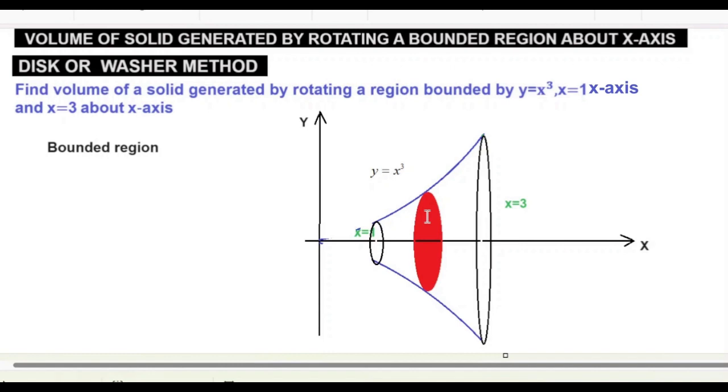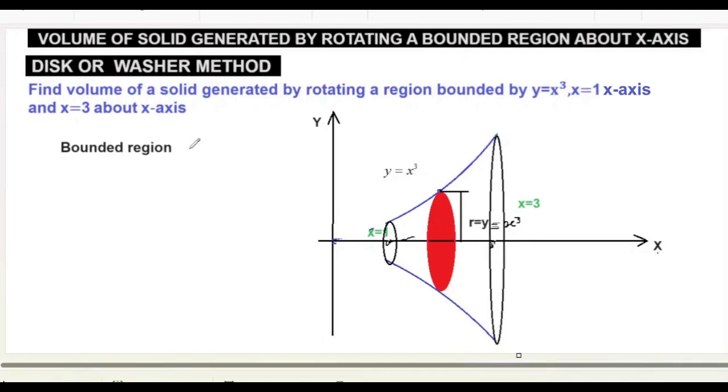We need to find the area of this cross-sectional disk. So first we need the radius of this disk. This portion represents the radius of the disk, and as this is the distance of the curve from the x-axis, we can say the radius of the disk will be equal to y, and as y is equal to x cube, we can use this relation between x and y to conclude the radius of the disk is x cube.